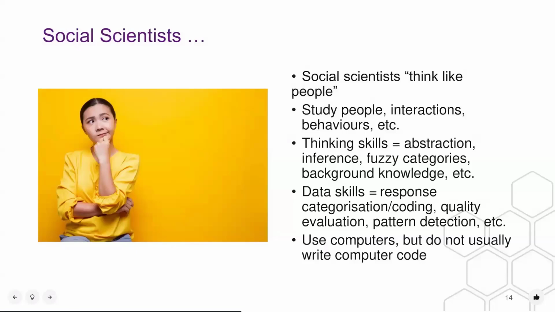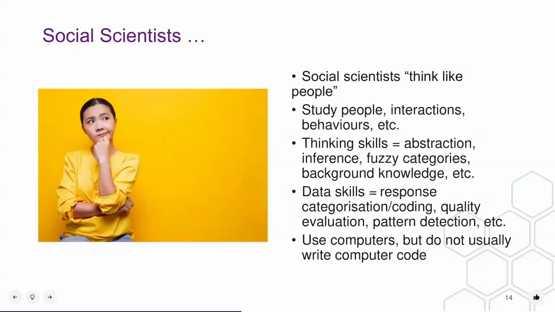But social scientists also build up a ton of data skills in the course of their research. If you think about things like response categorization and coding, quality evaluation, pattern detection, and statistics, these are all things that some of you might be familiar with. And I will say, if you can get your head around statistical software like SPSS and Stata, then you're going to have quite a good foundation because you're used to getting to grips with these complex tools.